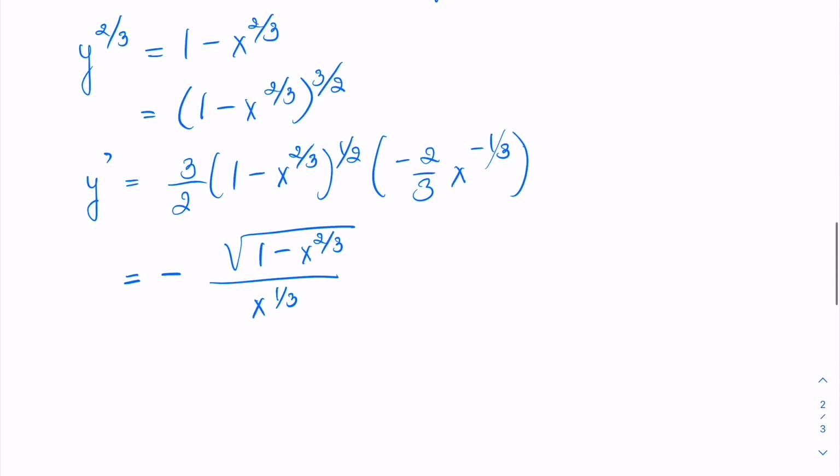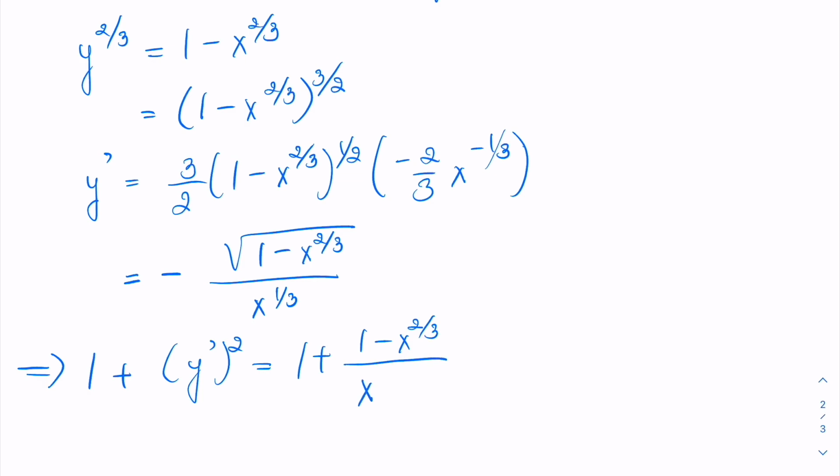Therefore, 1 plus y prime squared is going to be 1 plus (1 minus x to the 2/3) over x to the 2/3, because I squared it.